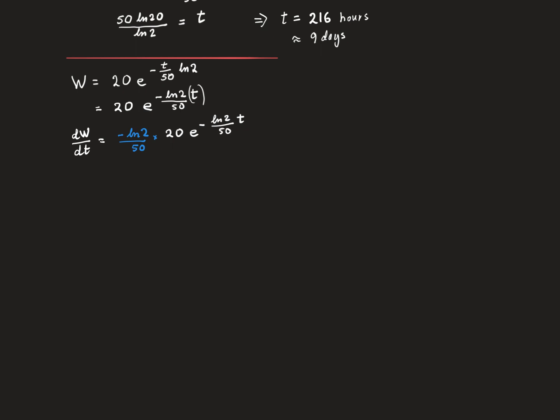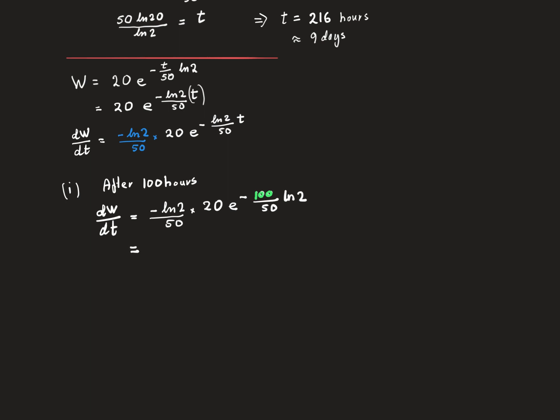So to find the radioactive decay after 100 hours, just substitute that into our differential dW over dt and just use the calculator.